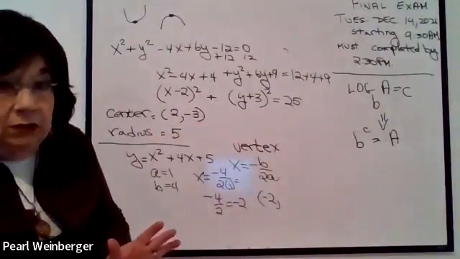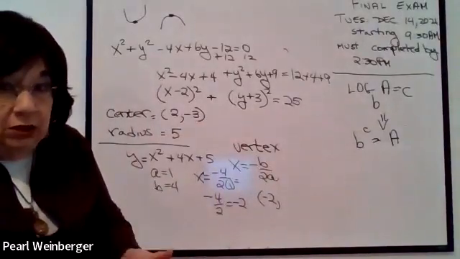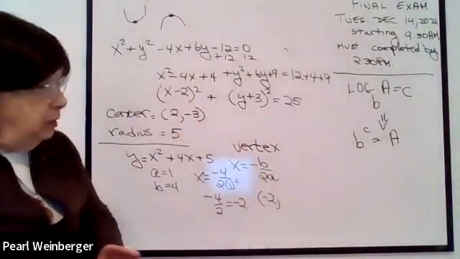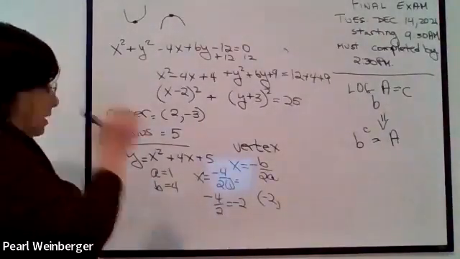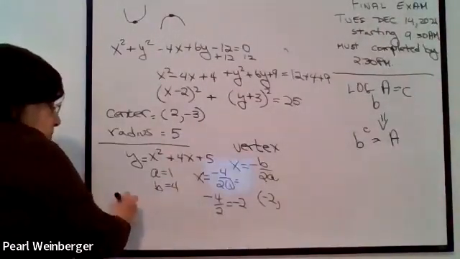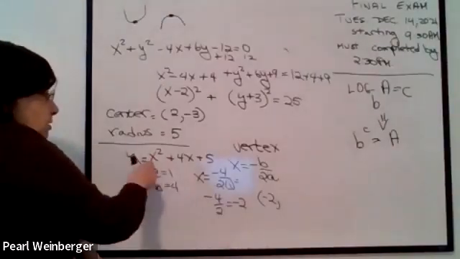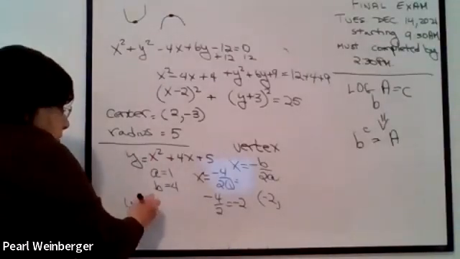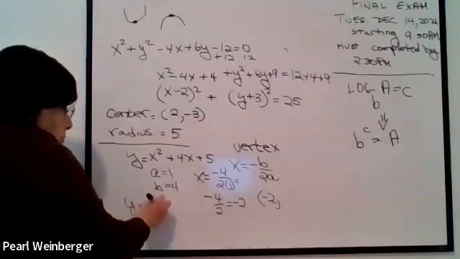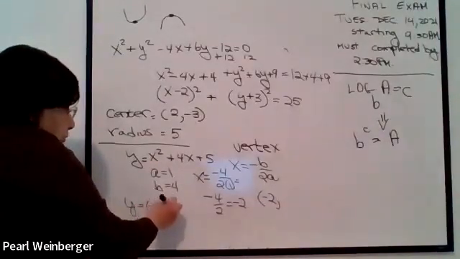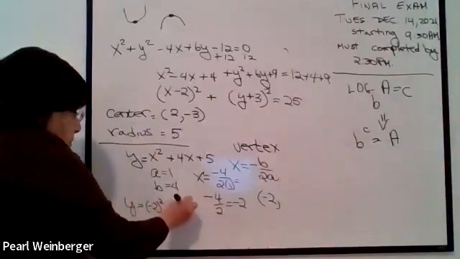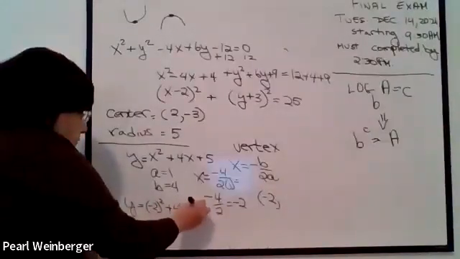Remember, vertex is a point, so you need not just an x value, you need a y value as well. To find out what the y value is, we're going to stick this negative 2 into the original equation. So we'll do negative 2 squared plus 4 times negative 2 plus 5.